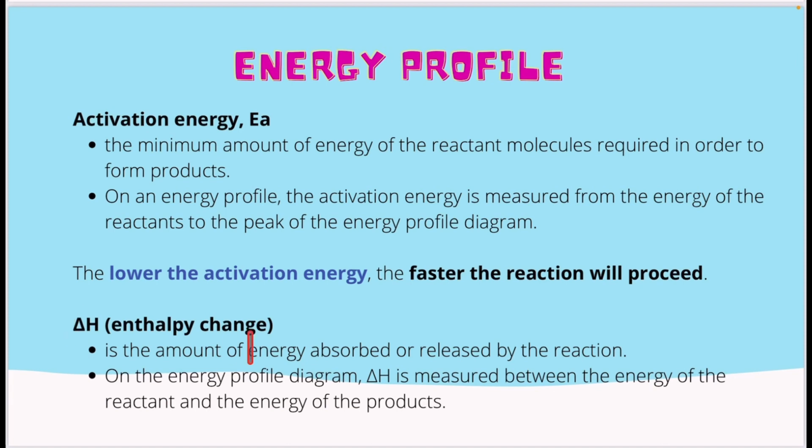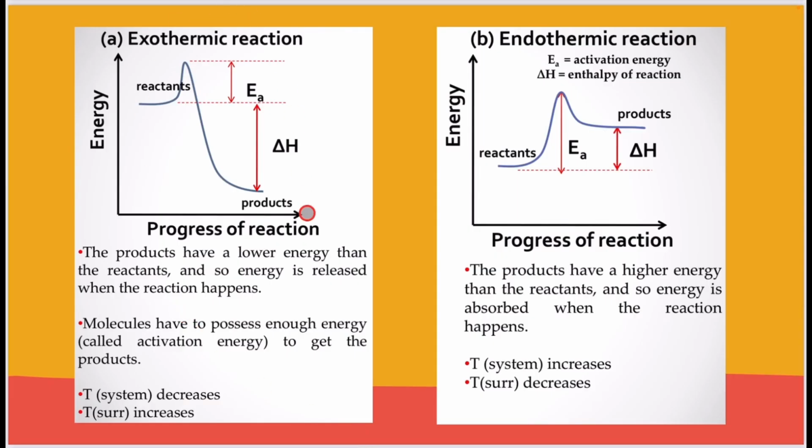The enthalpy change is the amount of energy absorbed or released by the reaction. On the energy profile diagram, enthalpy change is measured between the energy of the reactants and the energy of the products. So this is the exothermic reaction, and this is the progress of reaction.